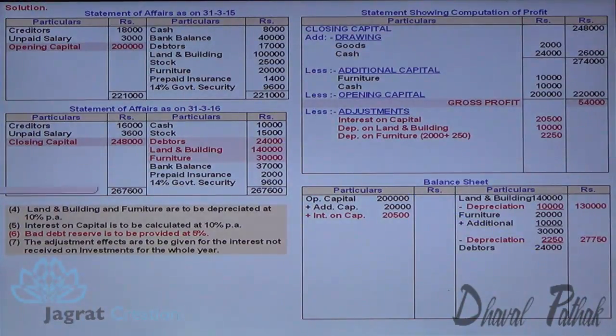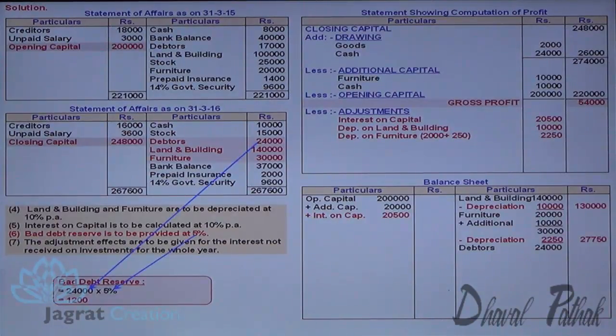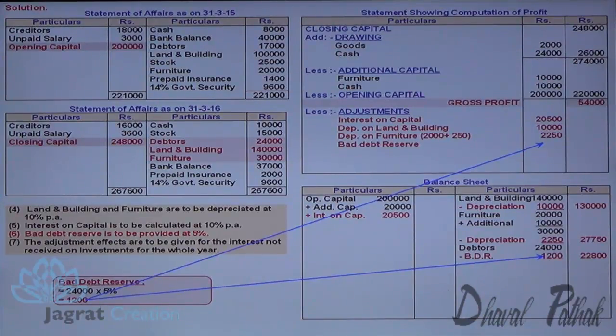Debtors are 24,000. 5% thereof, 1,200, is a provision for bad debt reserve that is deducted from the value of debtors to show the realizable value of the debtors in the balance sheet, and to this extent it's a provision for the loss. Profit declines. So 1,200 is deducted. So the profit after deducting all these things comes out to be 20,050.